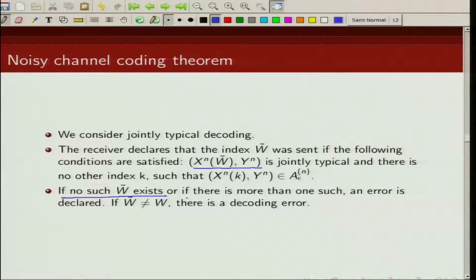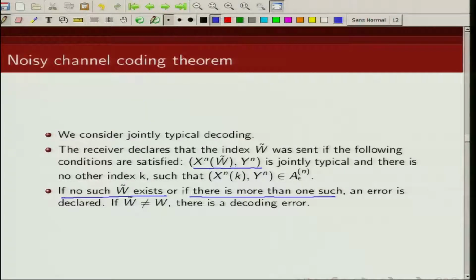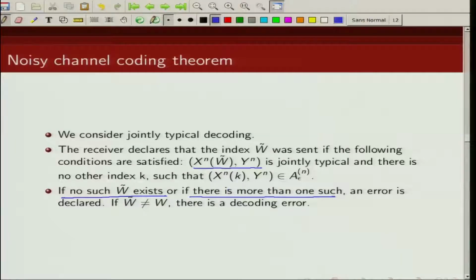Or the second condition under which an error can happen is if there is more than one index for which x^n(k) and y^n are jointly typical. So there are two possible cases of error. One, there does not exist any index W tilde such that x^n(W tilde) and y^n are jointly typical. Second, there exists more than one index for which x^n(k) and y^n are jointly typical. Then also we will make a decoding error.